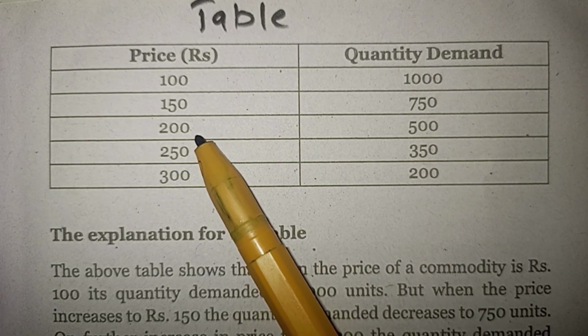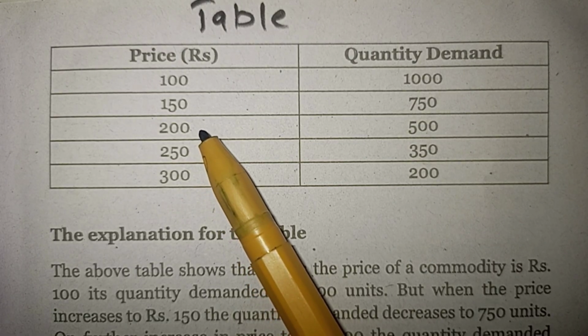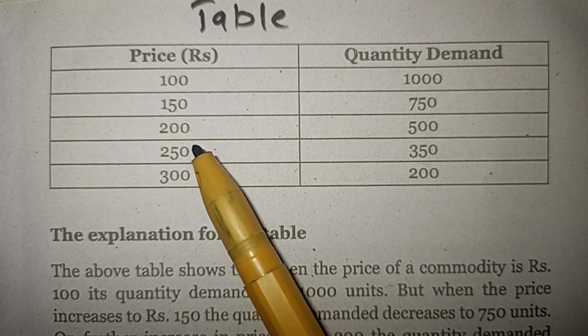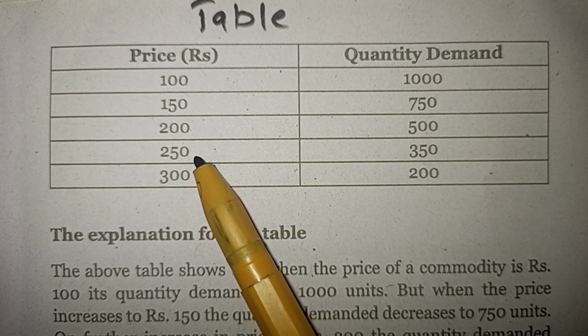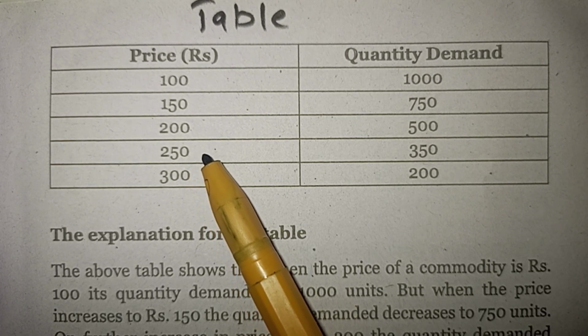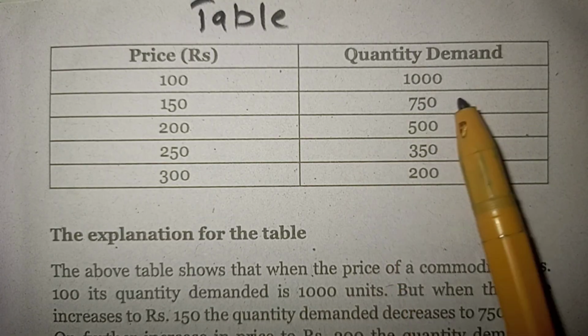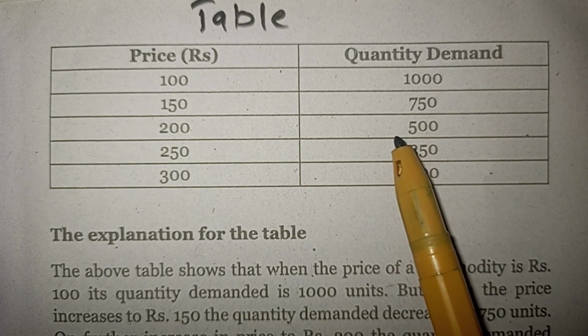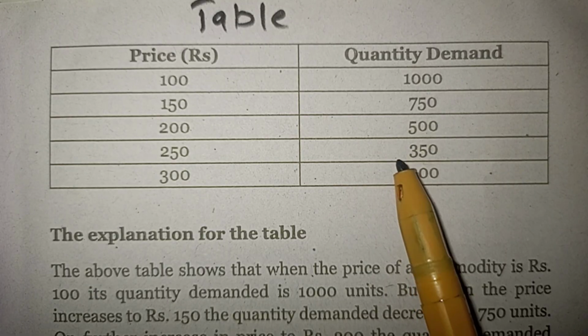With a further increase in price from 200 rupees per kg to 250 rupees per kg, the quantity demanded of sugar will decrease from 500 to 350 kg.